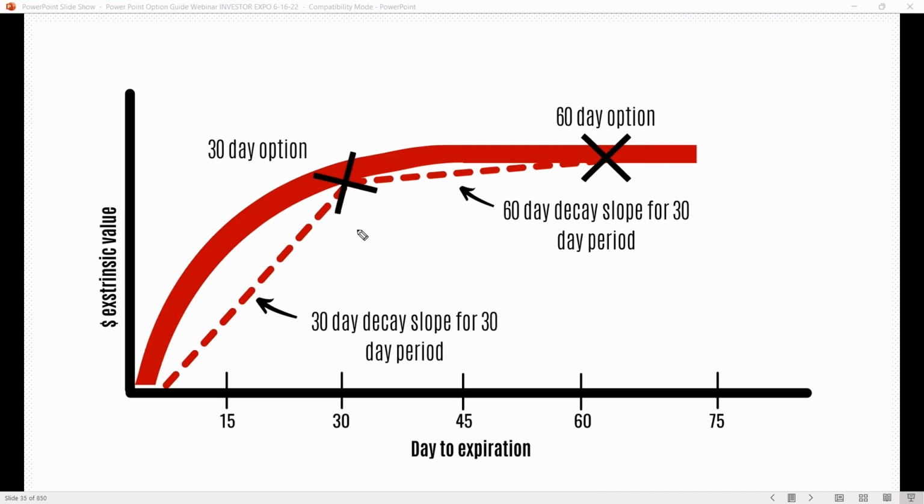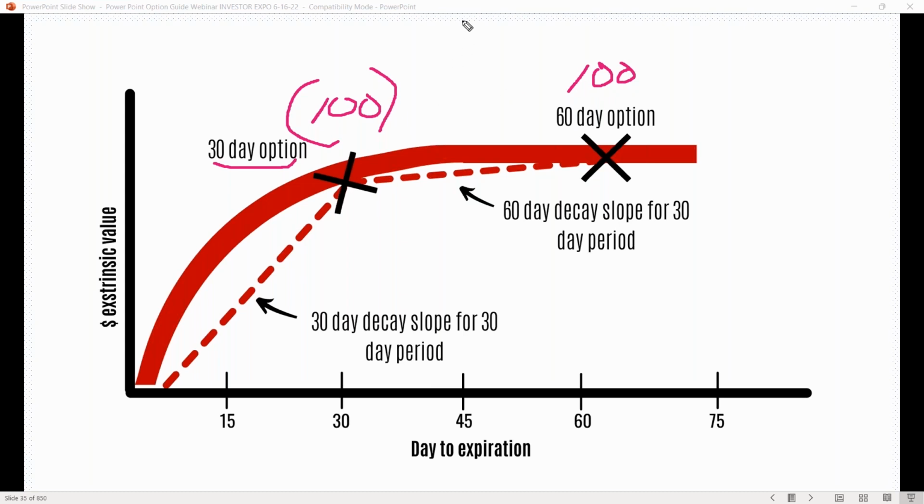For example, the typical way these are done is using a monthly option, but we can do weeklies as well. The basic premise is, in this example, we sell the $100 strike of XYZ. So we're short that strike, 30 days out, and then we go 60 days out, further out in time, and we buy that as the long dated. So what we're doing is just playing the theta decay.